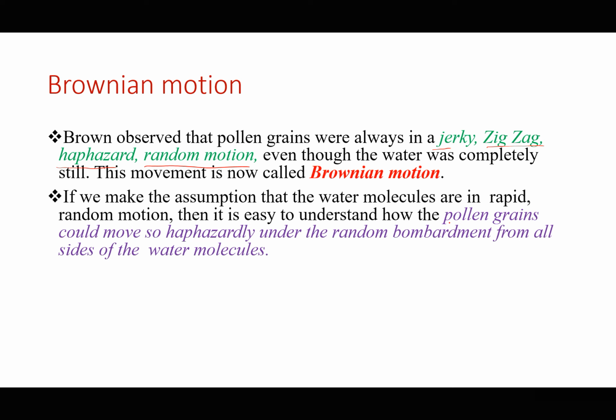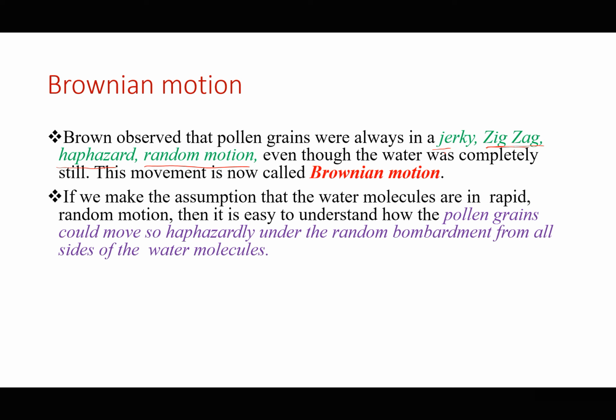Although the water is considered to be completely still, the water molecules themselves are in continuous random motion. So the explanation for the pollen grains always moving in a zigzag fashion, even when the water is completely still, is that the water molecules themselves are not actually still, although we can't see them move.